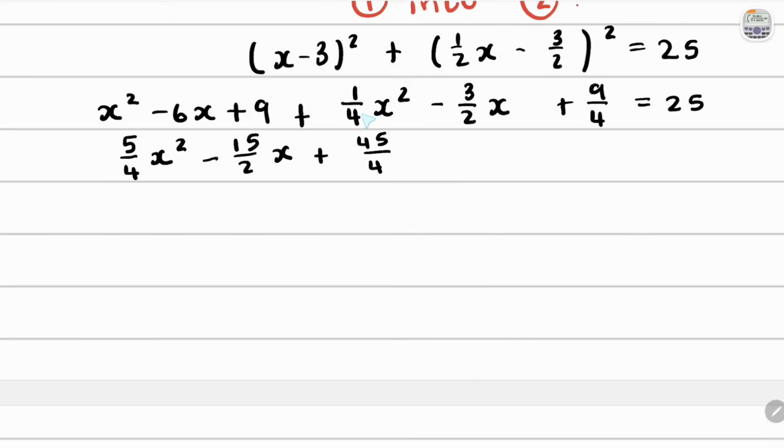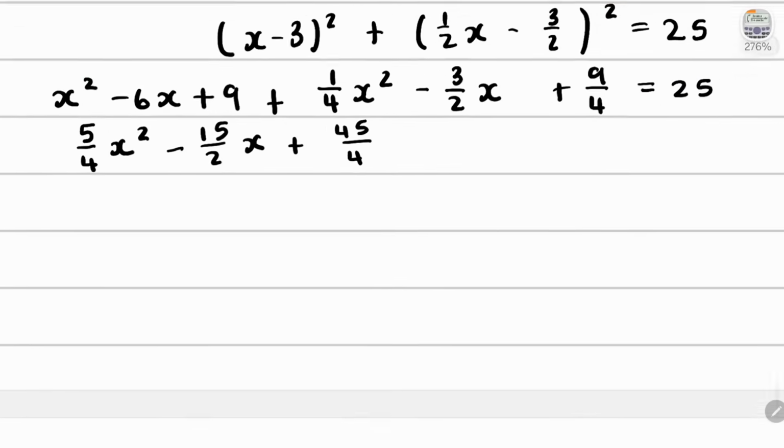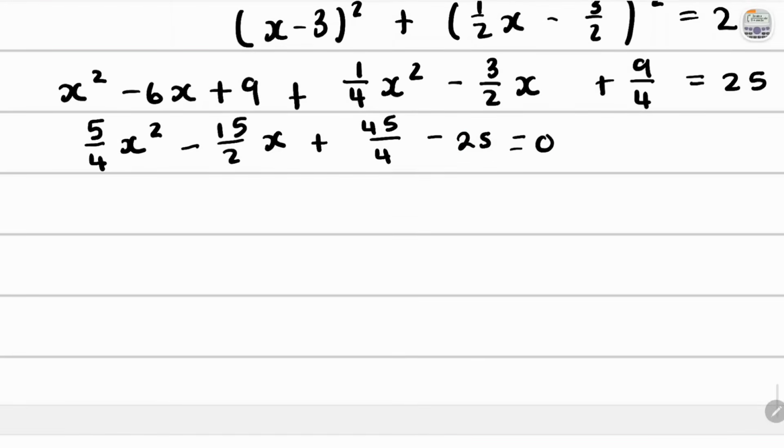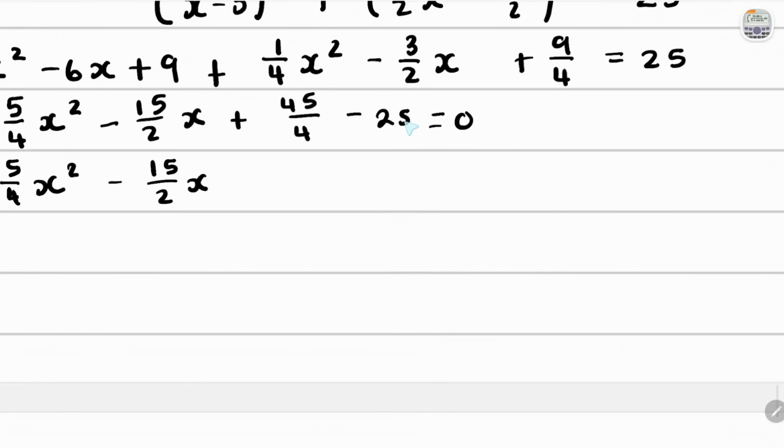Okay, so you see the x squareds are done, the x's are done, the constants are done, except for that 25, of course. So the 25 can come over now, that's fine. Minus 25 is equal to 0, and then we can just work on that. So that's going to be 5 over 4x squared minus 15 over 2x. And then to subtract these two, you can just rewrite 25 with a denominator of 4.